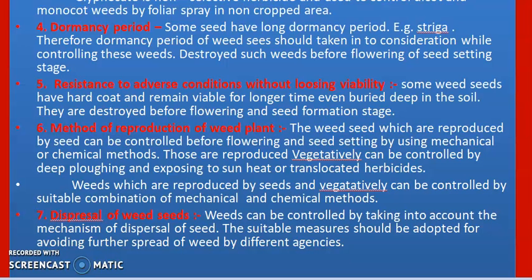The weeds can be controlled by taking into account the mechanism of seed dispersal, and suitable measures should be followed to avoid the further spread of weed by different agencies, and we should also control or prevent them.